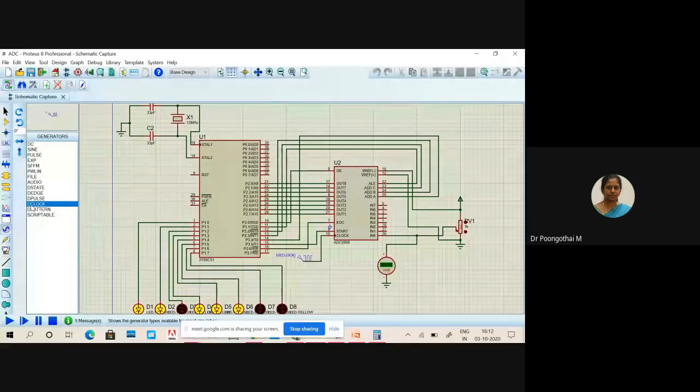So we have to connect an external clock pulse, okay? Here you can select your D clock. Connect this clock to pin number 10, okay? 8 LEDs are connected to your port 1 in order to view your converted digital value, okay?